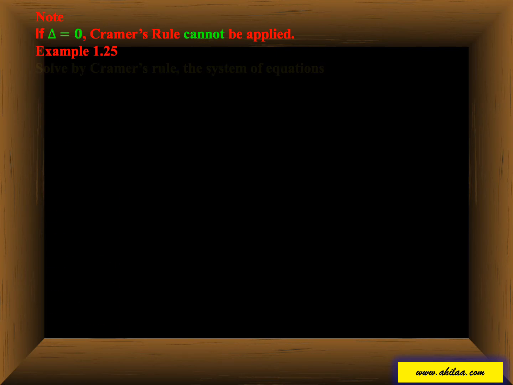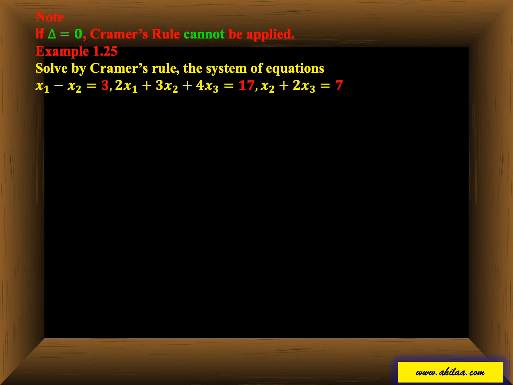Example 1.25. Solve by Cramer's rule the system of equations x1 minus x2 equal to 3, 2x1 plus 3x2 plus 4x3 equal to 17, x2 plus 2x3 equal to 7. So here see how many equations are given? Yes, 3 equations. How many variables are there?